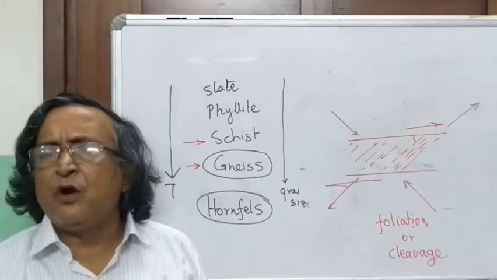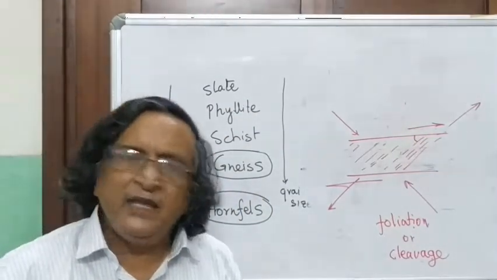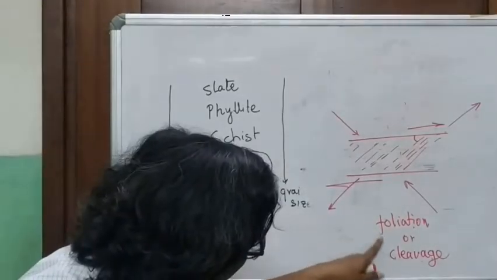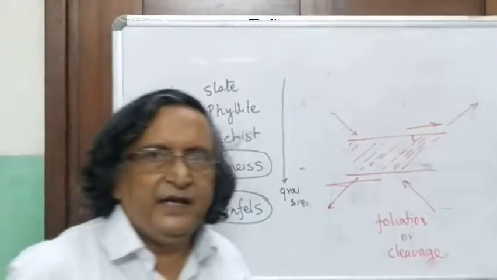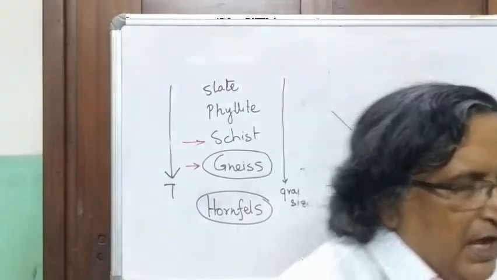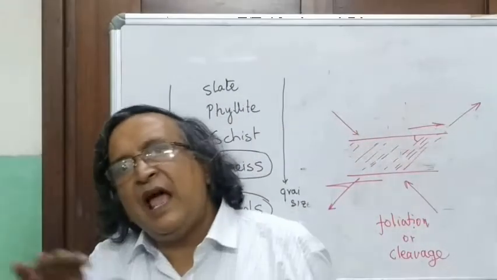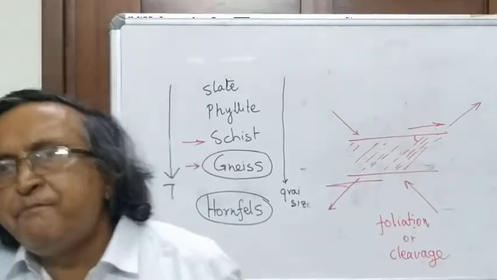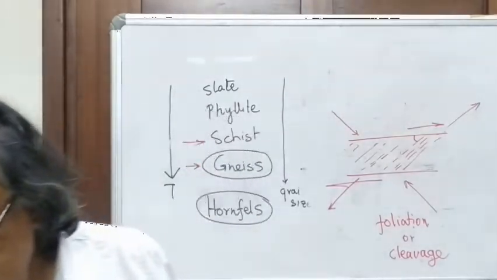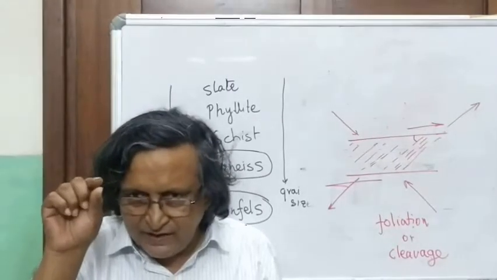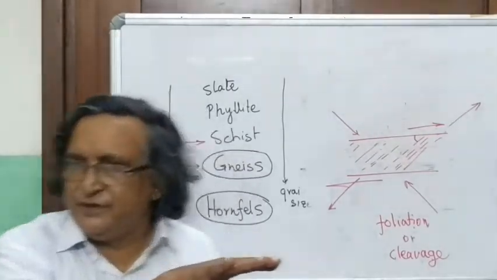So most metamorphic rocks are characterized by a metamorphic foliation or a metamorphic cleavage, which is defined by the parallel alignment of shape-preferred aggregates of anisotropic minerals. The bedding plane of a sedimentary rock is very different.